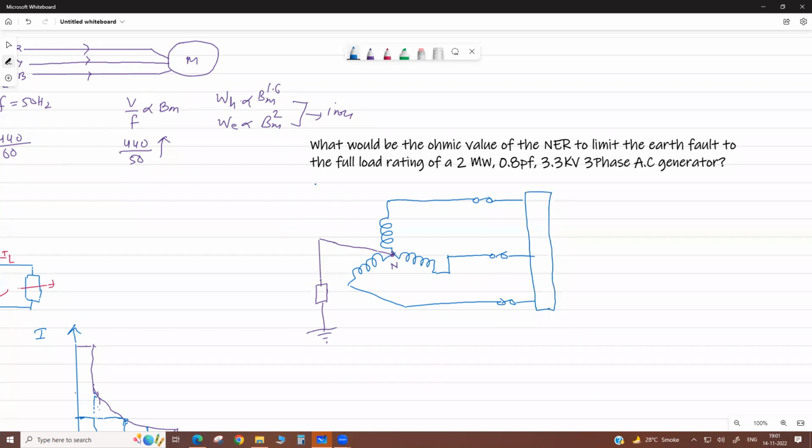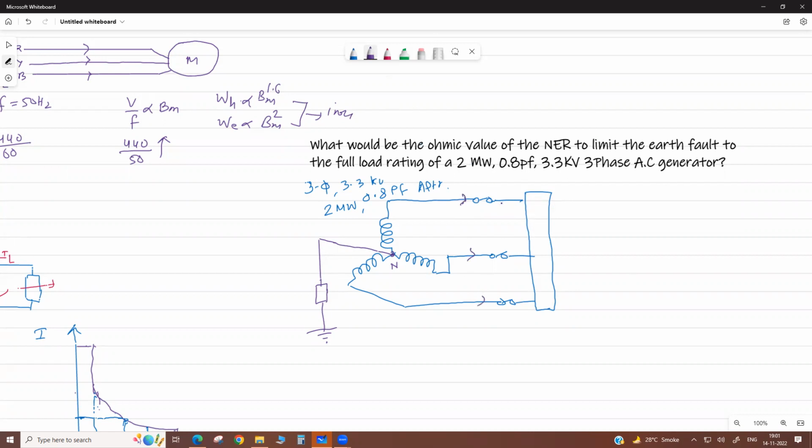So this rating is given: a three-phase 3.3 kV, 2 megawatt, 0.8 power factor alternator. So when there is a full rated load on the alternator, what is the full load current?